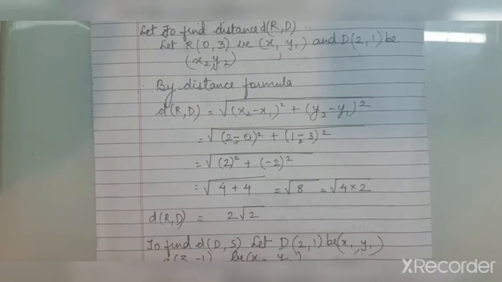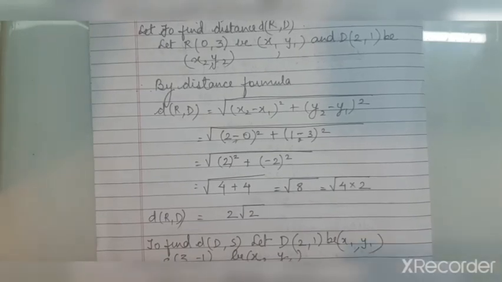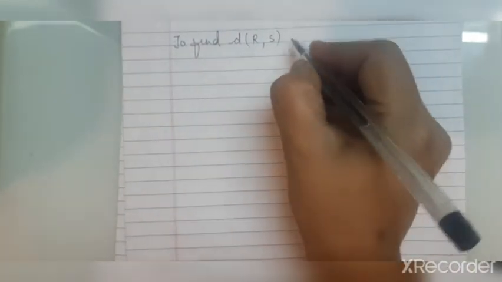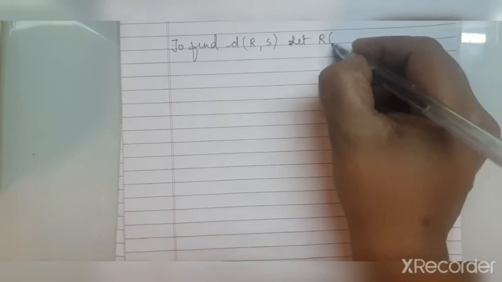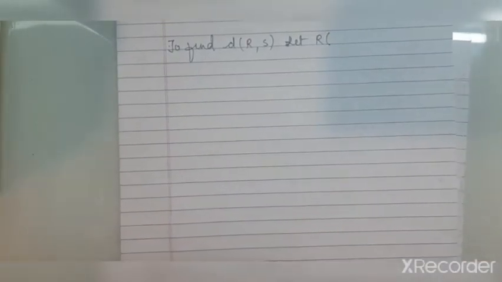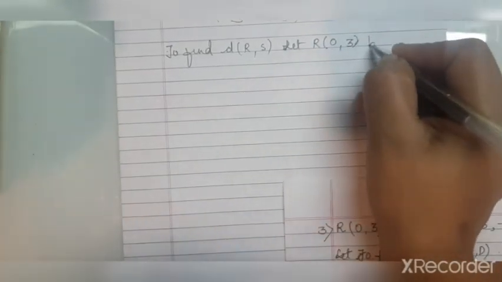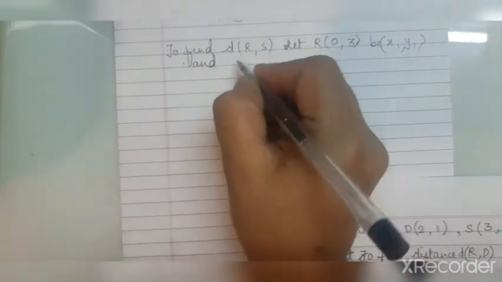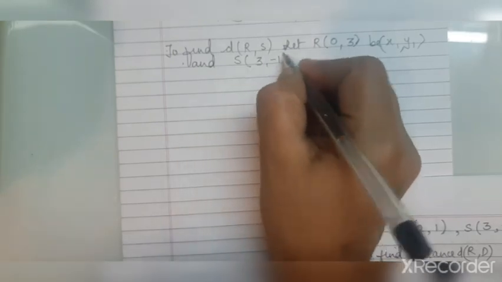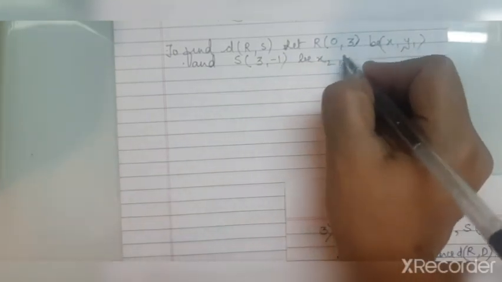Okay, so in order to find distance RS, let this point R, that is point R is 0, 3 be x1, y1, and point S, which is 3, minus 1 be x2, y2.